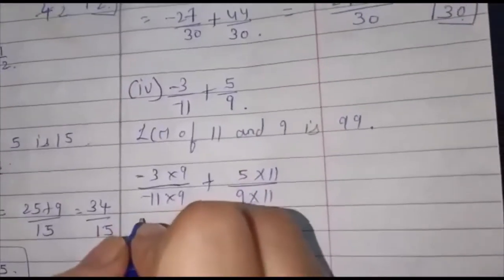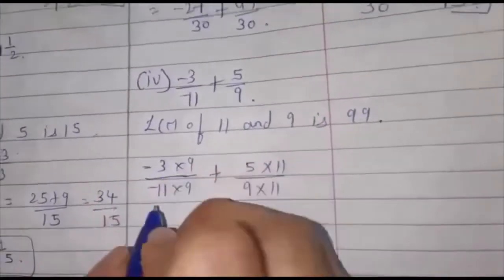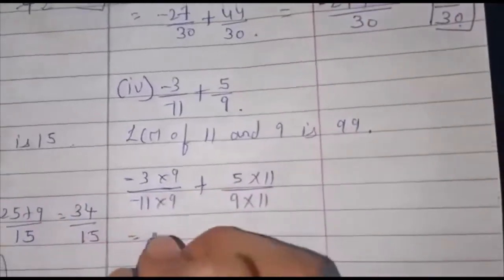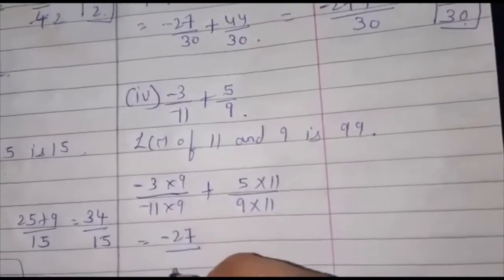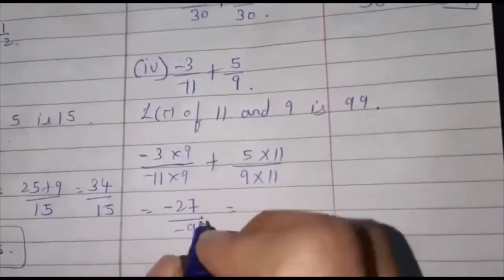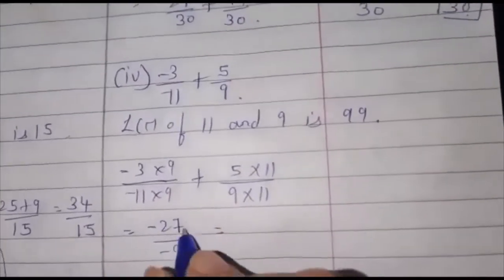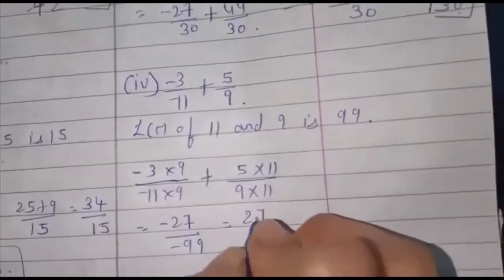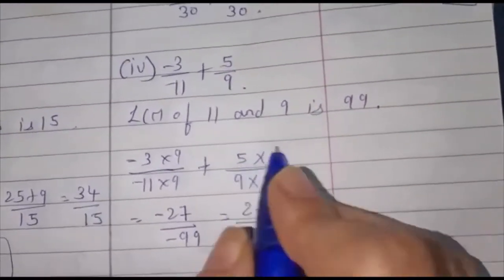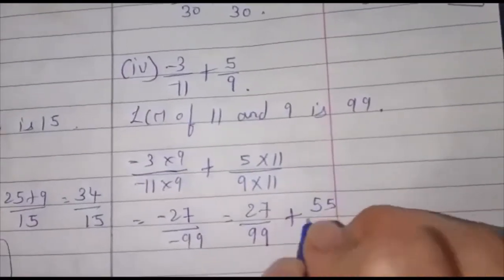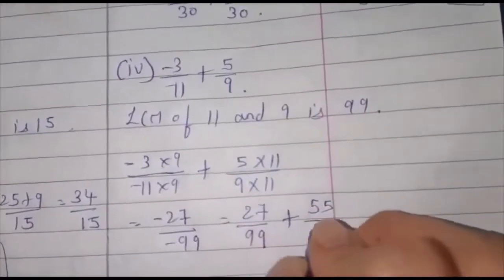Now minus 3 into 9 gives minus 27, and minus 11 into 9 gives minus 99. But here both are negative, which means it is a positive rational number. So 27 upon 99. Now plus 5 11s are 55, 9 11s are 99.